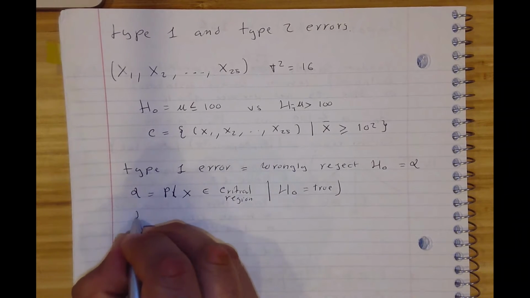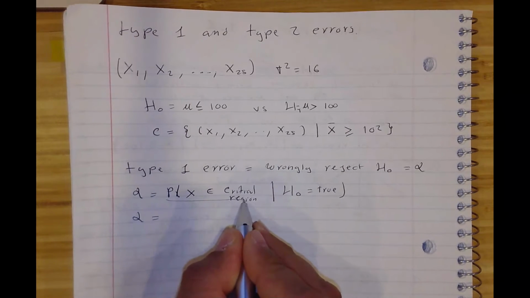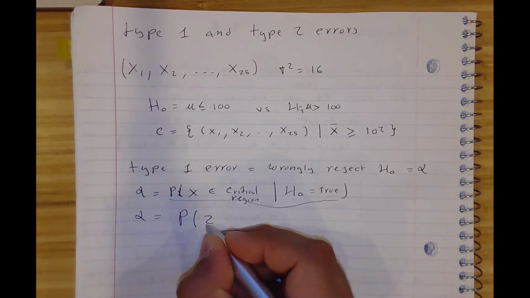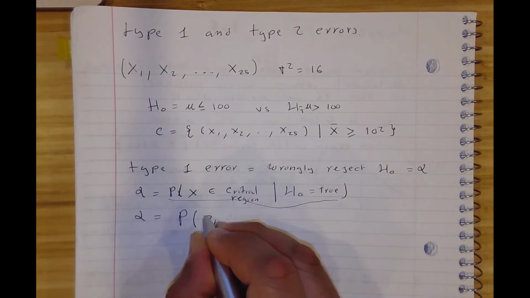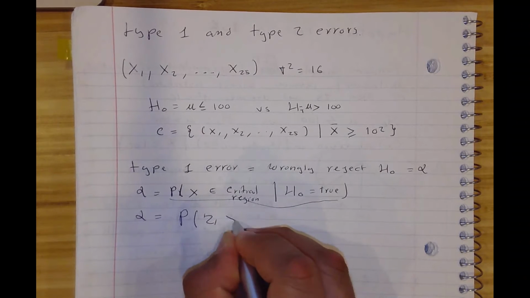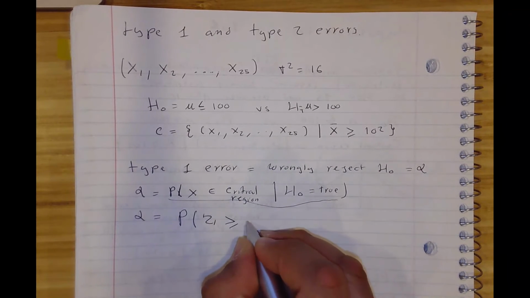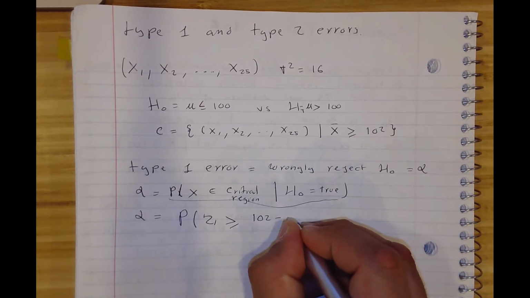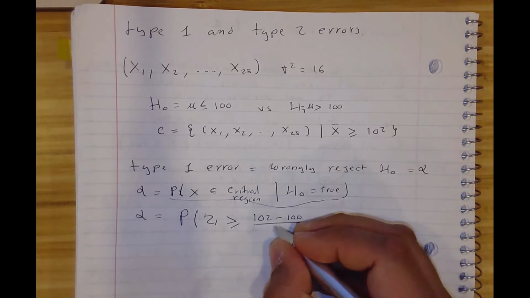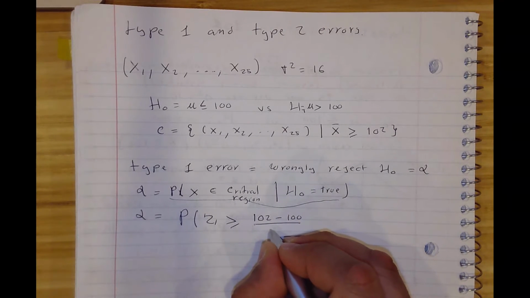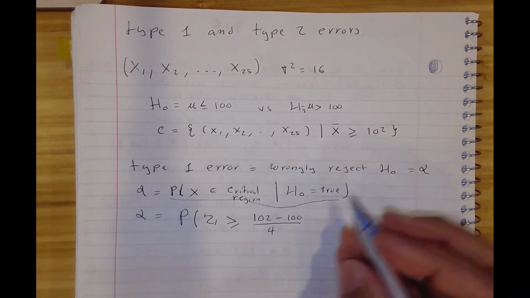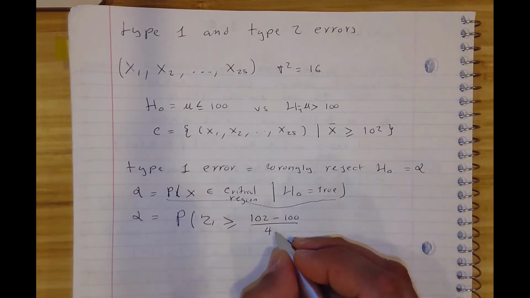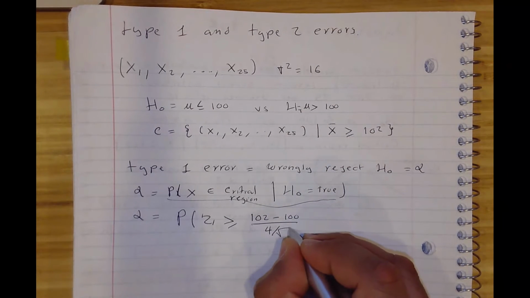So we can write basically this as the probability that Z, this is coming from the Z score, is greater than 102, but we have to normalize it, so we have to remove 100 and divide it by the standard deviation, which is 4, basically the square root of 16, divided by the square root of 25.